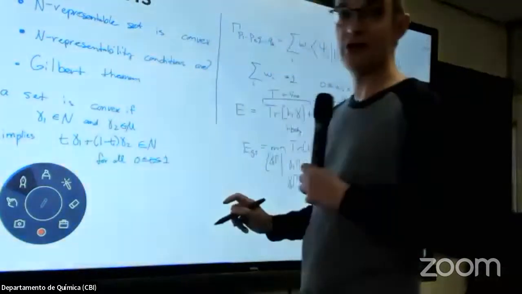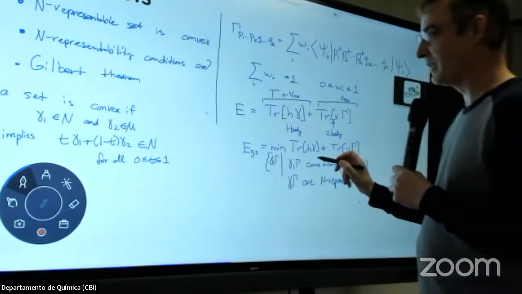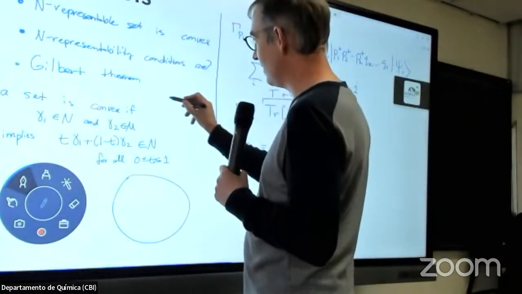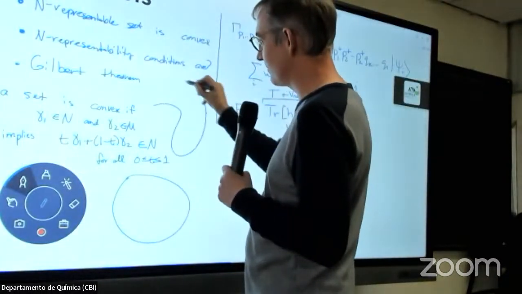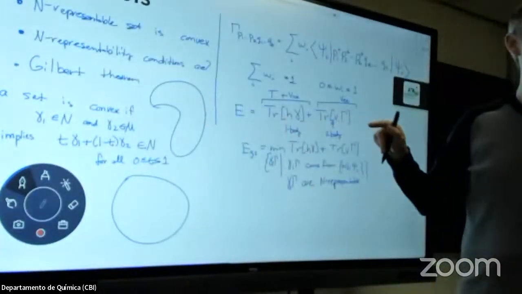Okay. So I wrote this mathematically, but we're just about to explain it pictorially, right? Because this is just a proof by picture, right? A convex set is something that looks like this. A non-convex set is something that looks like this, okay? So this is convex and this is not convex, right?